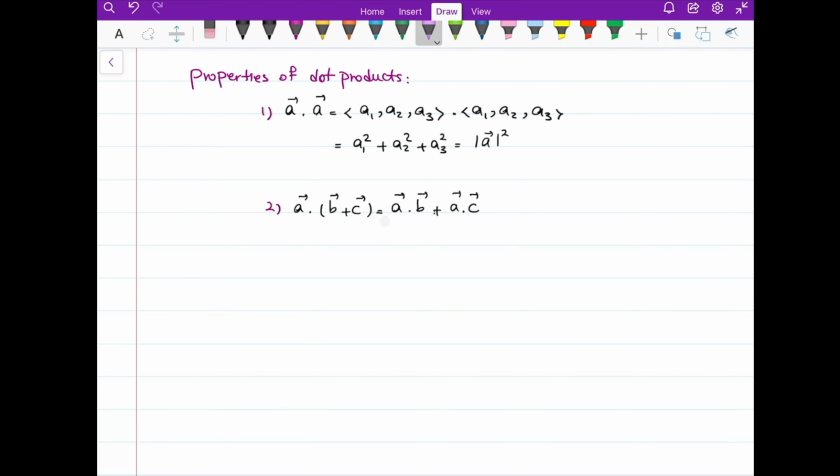So we say that the dot product is distributive over addition. The third property is that the dot product is commutative. a dot b is equal to b dot a. Why? Just write the components and then write the definition of dot product. Since the product of numbers is commutative, then the dot product is commutative.